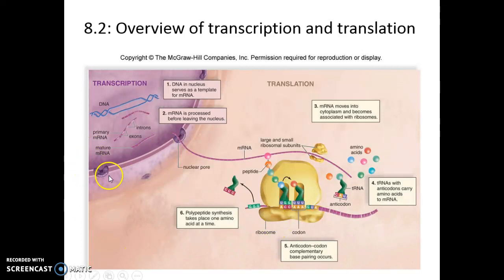You have your nucleus here, where you have your DNA, and that is used to create an mRNA sequence, which you see here. The mRNA sequence is moved out of the nucleus through a nuclear pore into the cytoplasm, and it's here that a ribosome is going to come and attach to the mRNA sequence, and that's going to facilitate the creation of this peptide. Individual amino acids coming together to create a protein.